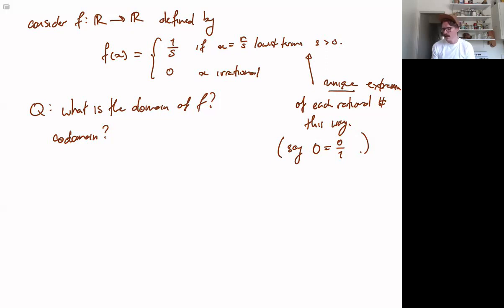And in this case, or usually in any case, you can read them off from the definition. So you just need to remember that the domain is the thing the function is mapping from, and the codomain is the thing that the function is mapping to. In this case, they're the same, but they don't have to be.